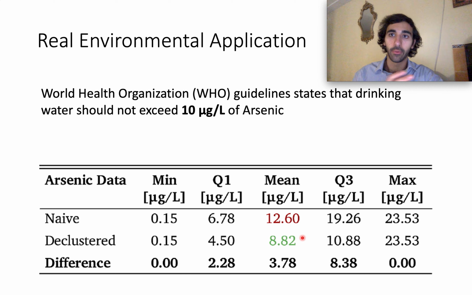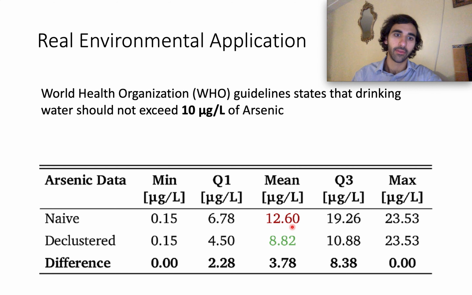So if someone was analyzing this data set and they just took the mean of the data, they would report to the WHO that it exceeds their guidelines and that some sort of expensive remediation would need to take place. But if we took into account the biased sampling and we declustered our data set, we'd actually discover that the region is actually fine. The arsenic concentration is only 8.8 micrograms per liter.